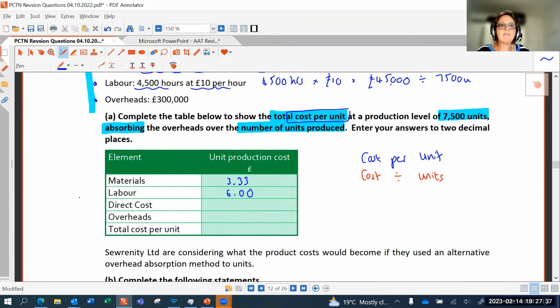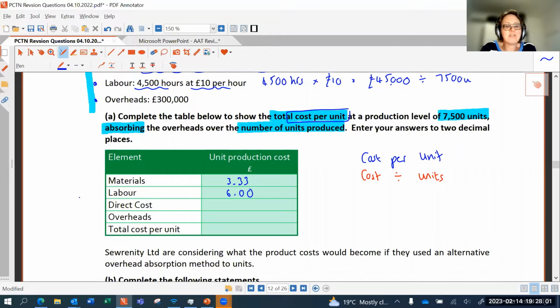Now, does anybody remember the phrase direct cost? Direct cost is a phrase that we use for costs that change when I produce more units, costs that are directly attributable to my units. So we're saying here, if we get an order for twice as many teddy bears, I'm going to have to work twice as many hours.